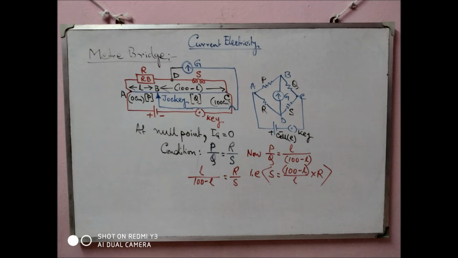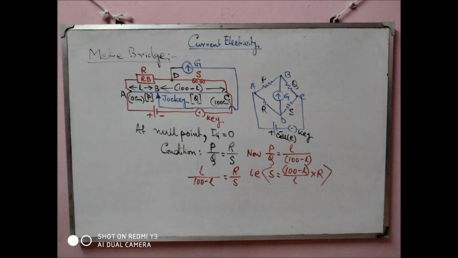That means L is 50, 100 minus L is also 50. So if L and 100 minus L are the same, that is P equal to Q, very easy to understand. So if P equal to Q, then R equal to S. Calculation is not at all required. The value of R is equal to the value of S. So at that time, the bridge is maximum sensitive. 50-50 balancing point. Okay.